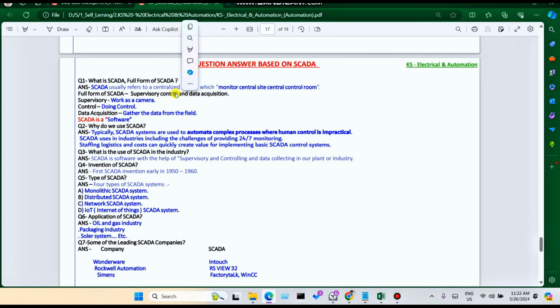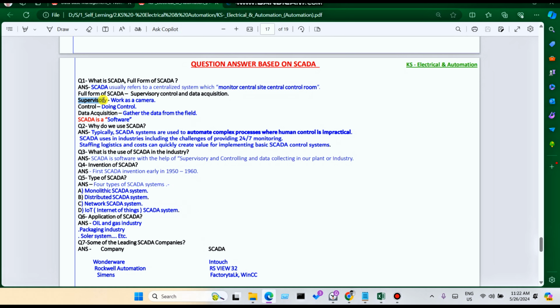And data acquisition means we can gather data from the field in trends or alarms, and also take a report of the plant.